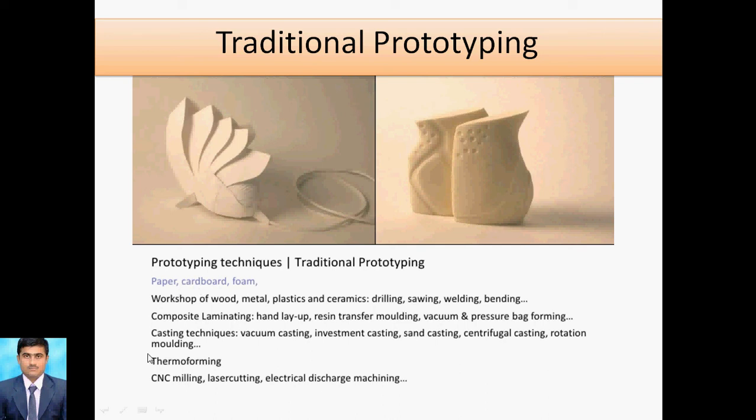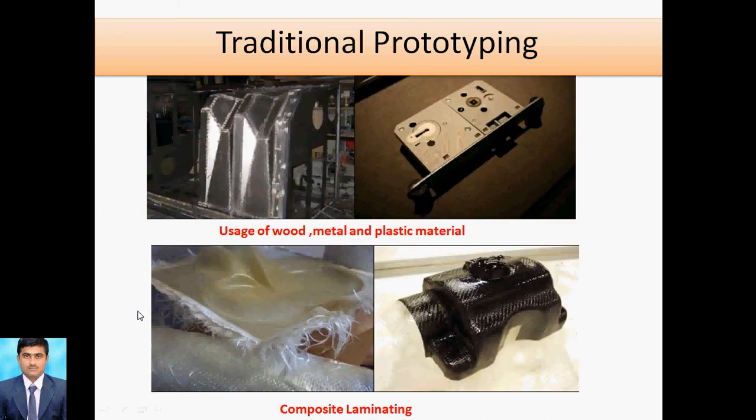With these techniques we can go for improvising, or reviewing, of our new product. So this is regarding the usage of wood and plastic material. Then next we go for laminating of composites, by layup technology or vacuum molding.